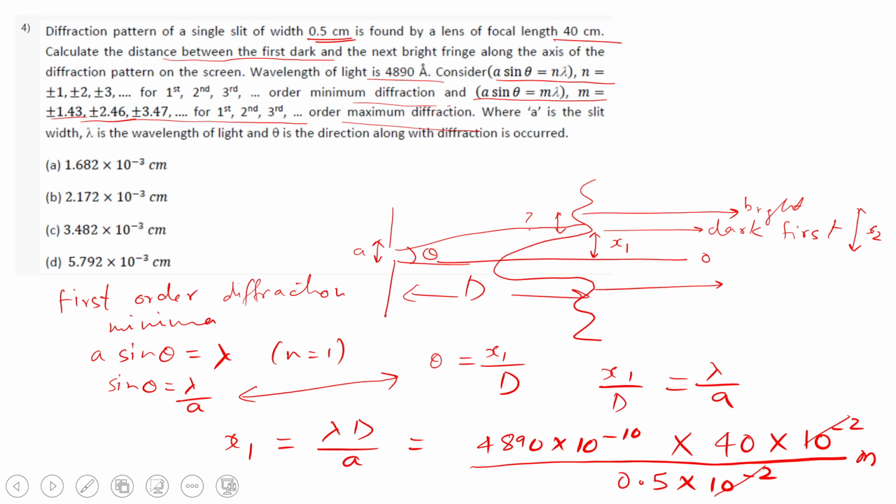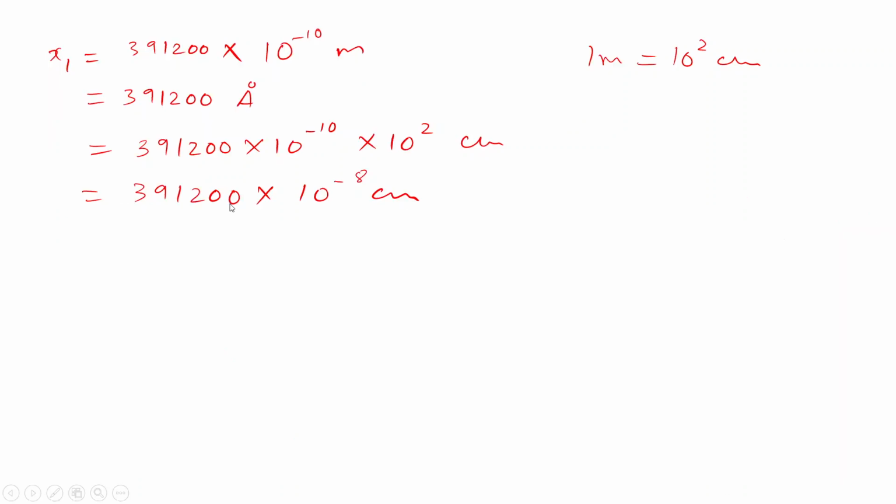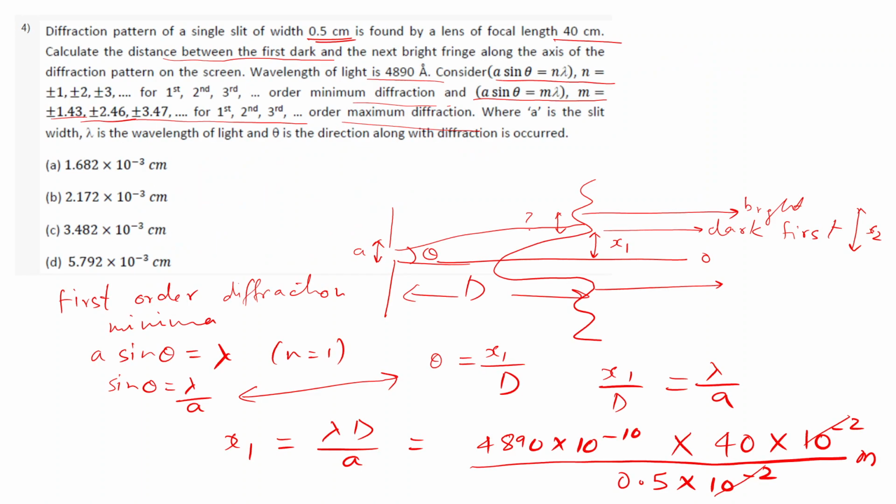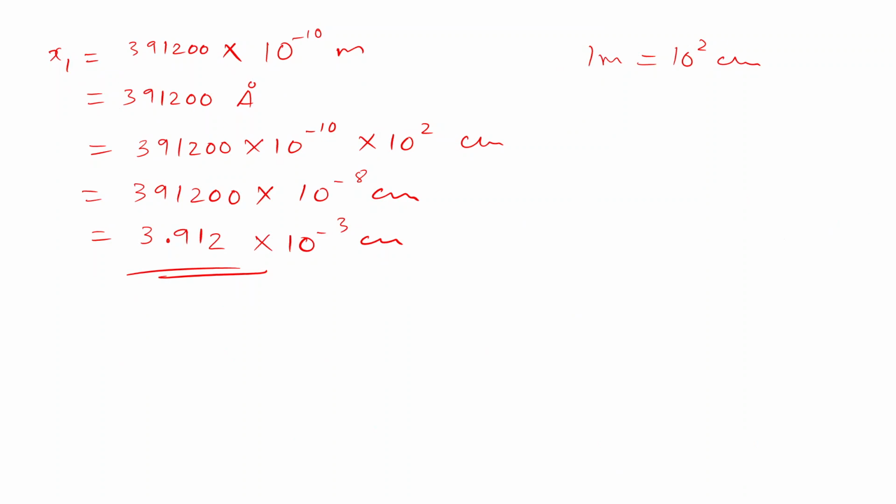In a better form, we usually keep the decimal point after the first digit, so it will be 3.91, up to 2 decimal digits, times 10 to the power minus 3 centimeter. But this is not my final answer. This is just the x1 position, the position of the first minima.